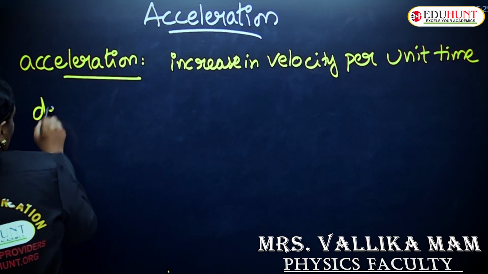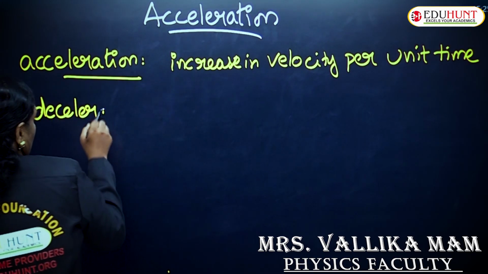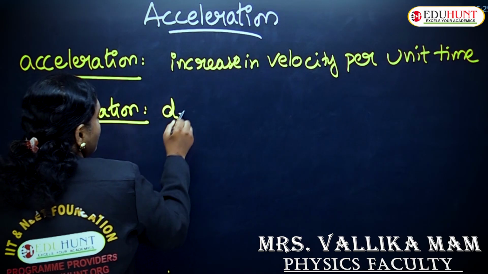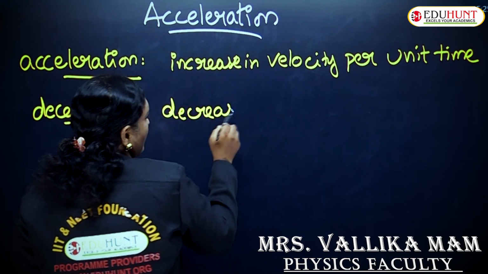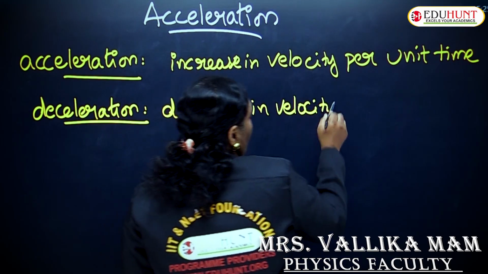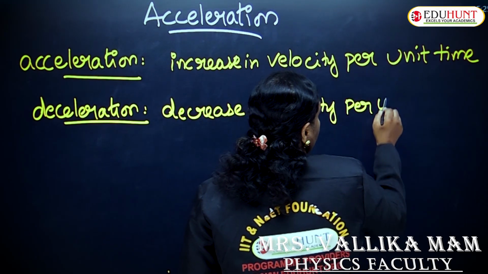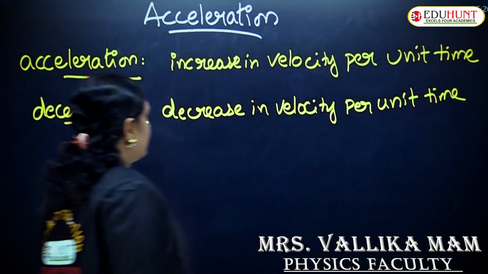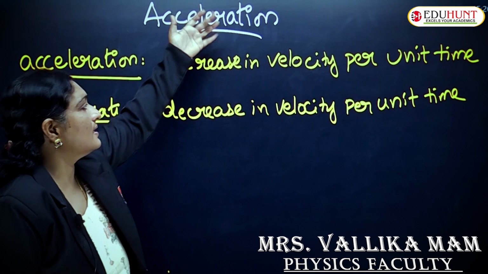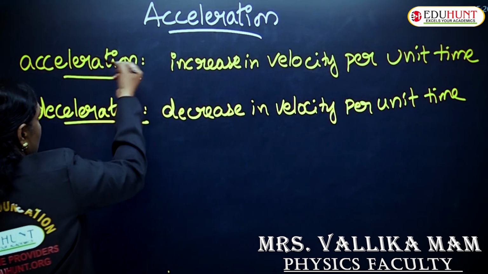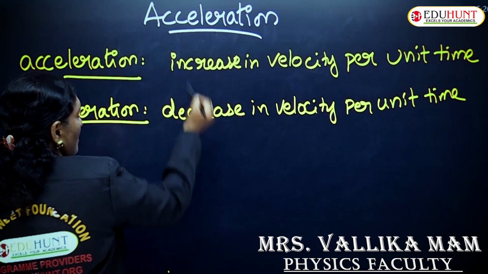Similarly, you have one more thing called deceleration. So, what is deceleration, children? Decrease in velocity per unit time is defined as deceleration. Here it is increasing and here it is decreasing. So, clearly, acceleration and deceleration are opposite.